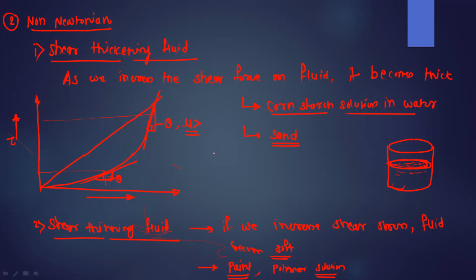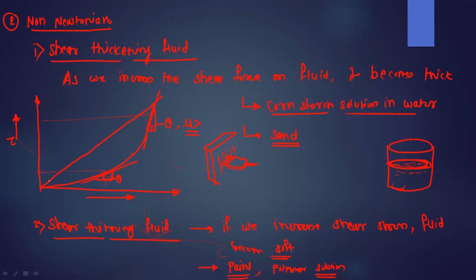And when we start painting on the wall, actually we are applying force on that fluid with the help of the brush. So it becomes thin, and it starts flowing on the wall. So it becomes soft at the high value of the stress.